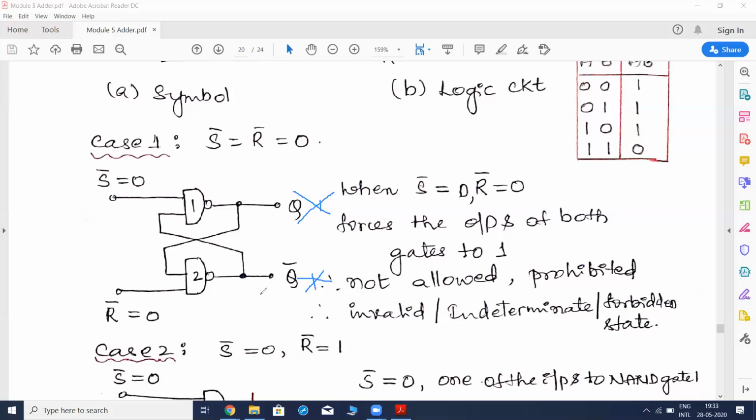It is a prohibited case, or we can call it invalid, or an indeterminate state. It is a forbidden state. Okay, so this is how we explain the first case, that is S bar equal to R bar equal to 0.